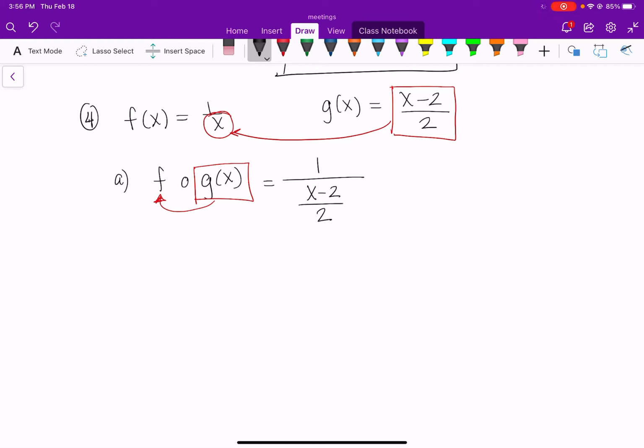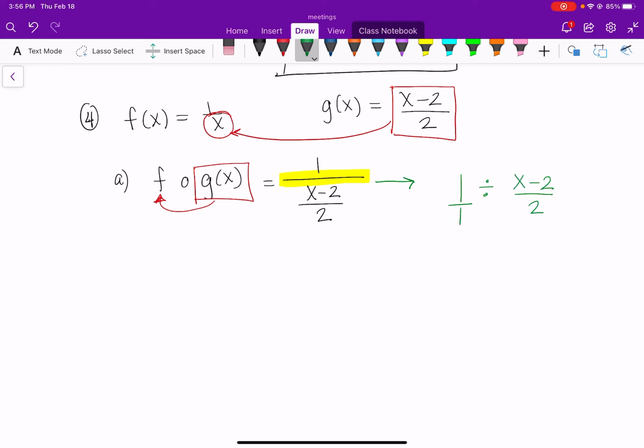So we're going to do a little bit of scratch work over here to the side. Instead of using this big fraction, we're going to change that to a division symbol, so this is going to be 1 divided by x minus 2 over 2.